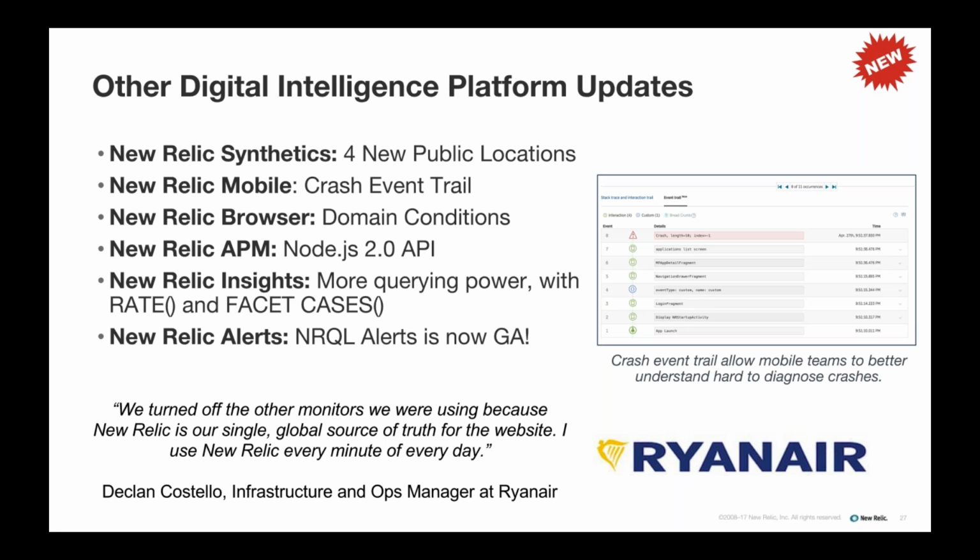Again, similar to domain conditions, similar to Infrastructure SDK, this theme of giving you more extensibility, but specific to Node. So for Node developers, please go and check out the release notes and our docs, and you can find out more information about how we're improving that agent.